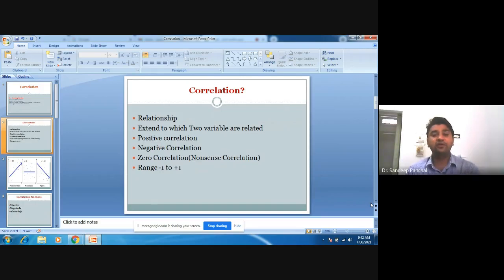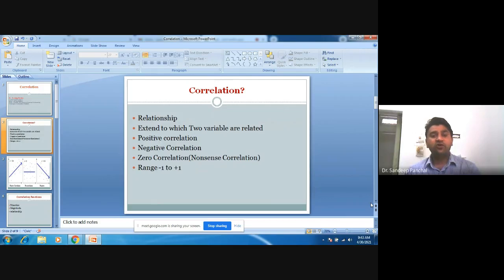If the mental health problems increase, then social interaction will decrease. Because of mental disorders or mental illness, a person is having less interaction with people. So this is the example of negative correlation.